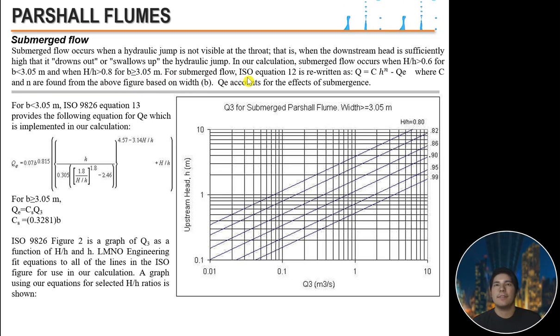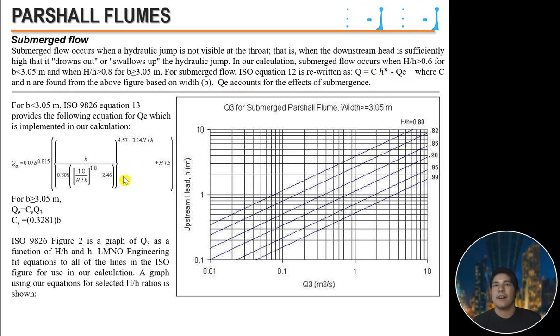So for submerged flow, the ISO equation 12 is rewritten as Q = C h^n minus Qa, where C and n are found from the above figure, with Qa accounting for the effect of submergence.